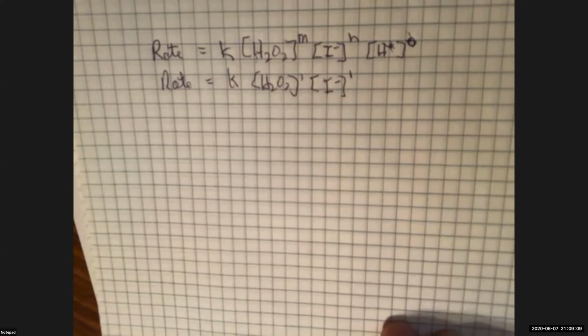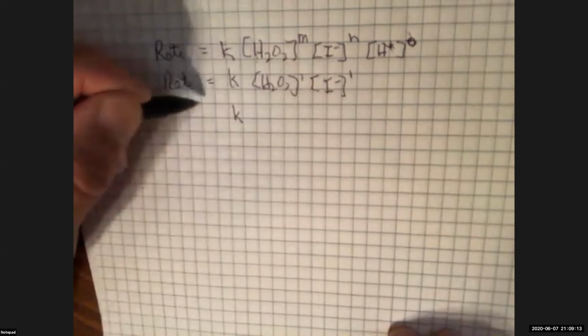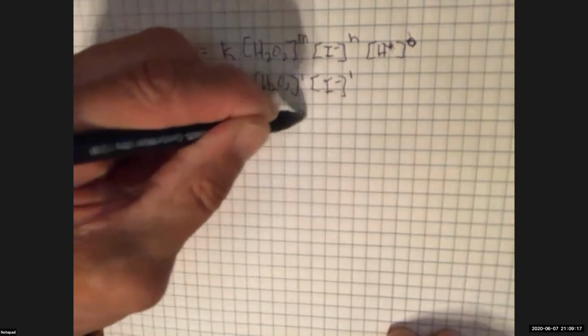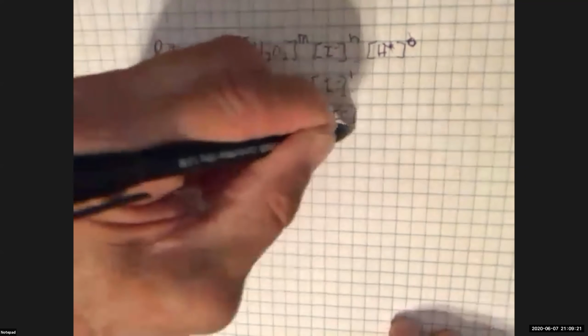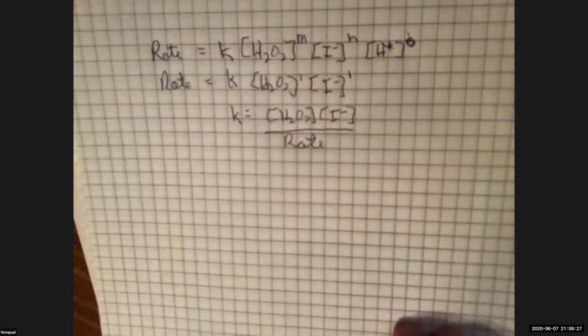The other thing we can do with that data is calculate the rate constant, because k is going to equal the rate divided by the concentrations, H2O2 to the 1 times I minus to the 1. So that's the other thing we can do with that kind of data.